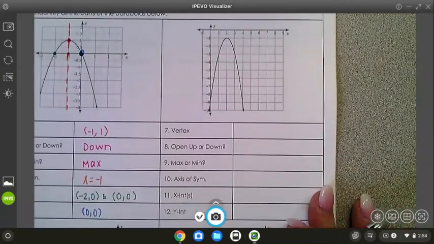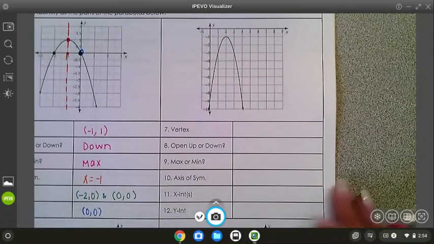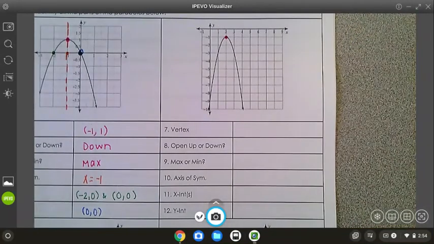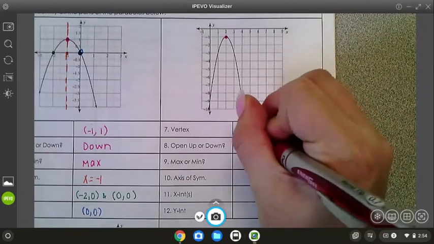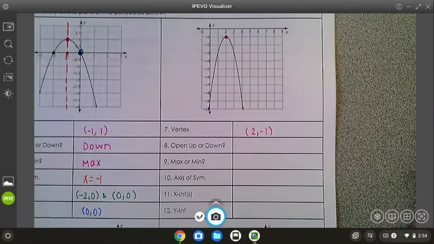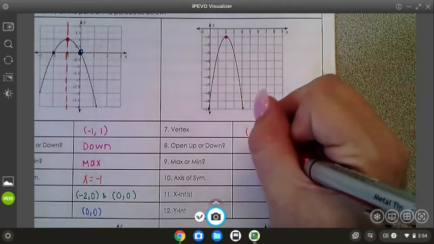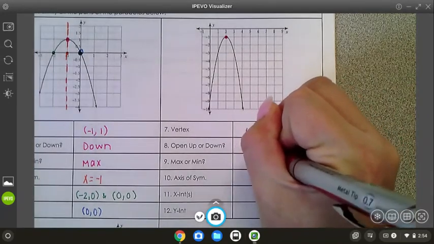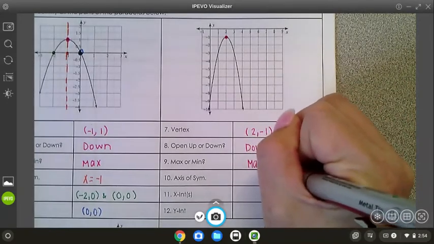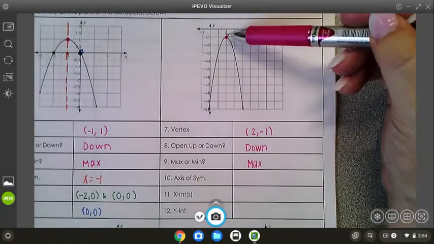Let's look at this next example. The vertex is that point. That is the point 2, -1. This parabola also opens down, meaning it is a max or a maximum because the vertex is at the top.